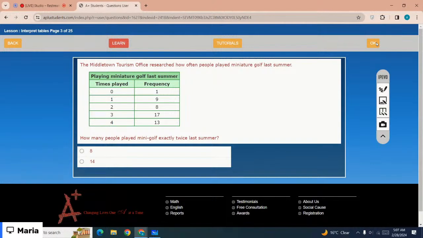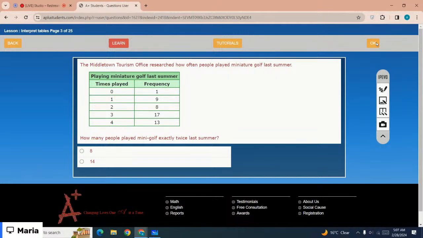The next one is: the Middletown Tourism Office researched how often people played miniature golf last summer. How many people played mini golf exactly twice last summer? So which is the correct option?